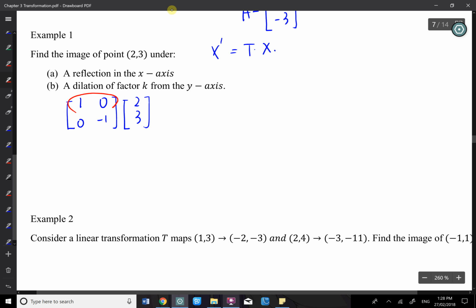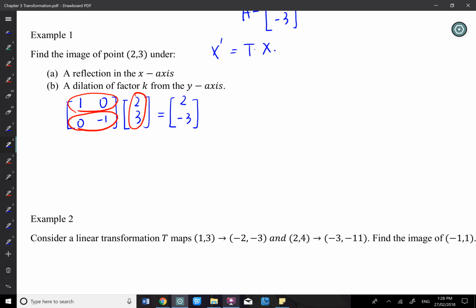Remember the calculation for that: row times by column. That's 2 and -3. You achieve the same thing as you thought. It's a really easy example to show you how it works.